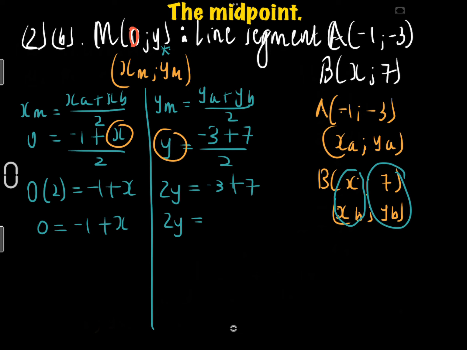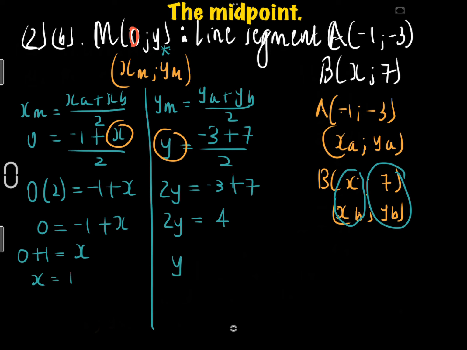So -1 moves over the equal sign to join 0 and becomes +1, so we remain with x being equal to 1.